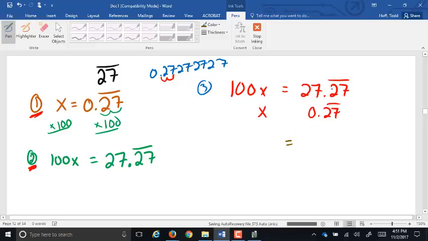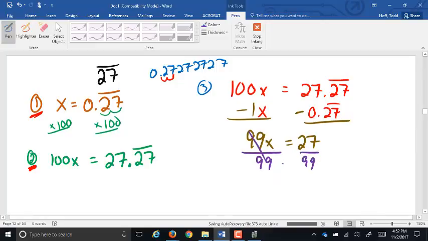So 27.27 repeating minus 0.27 repeating is just 27. 100x minus x is 99x. Now to solve for x, I need to divide by 99. So x equals 27 over 99.